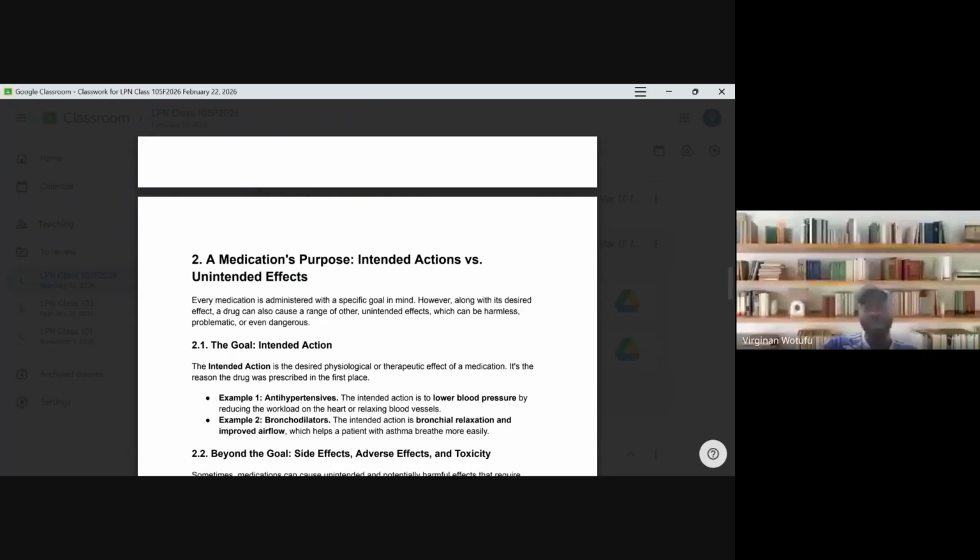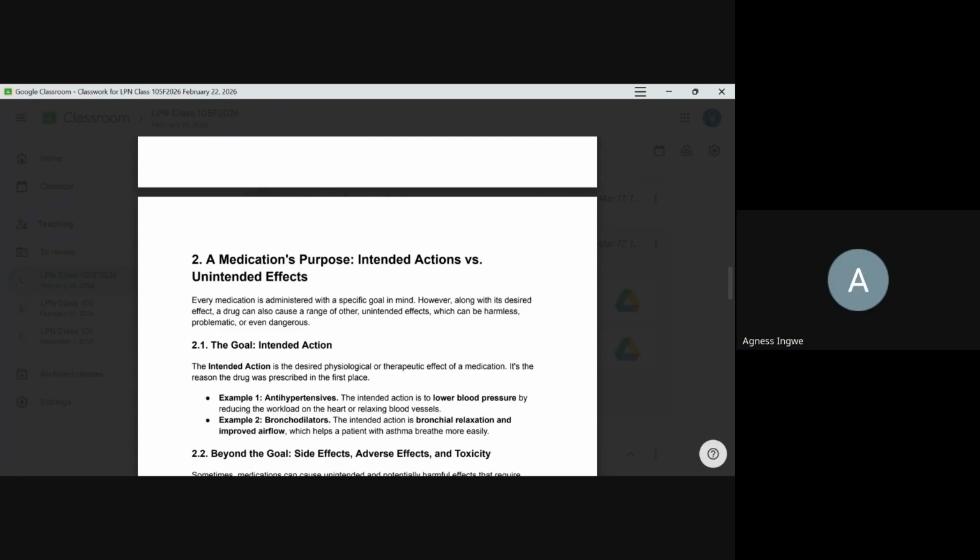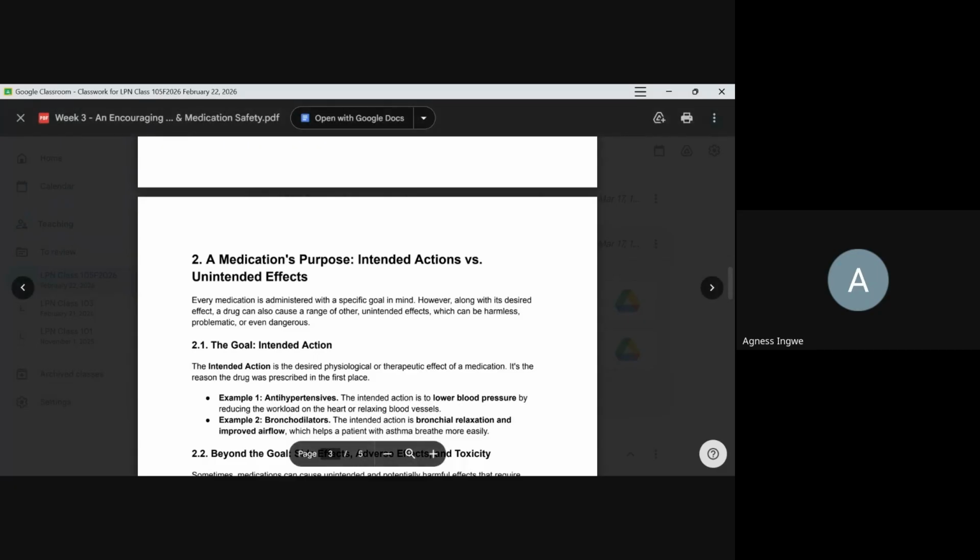What do we understand by the side effect of a medication, the medication side effects? I don't know if I can use the word harm. The harm that comes after taking that medication. That's the side effect.